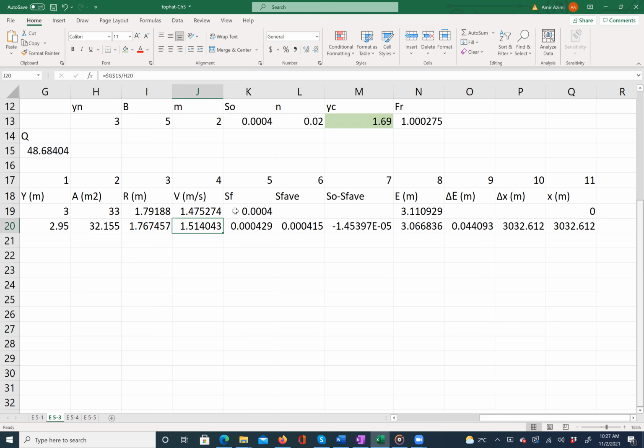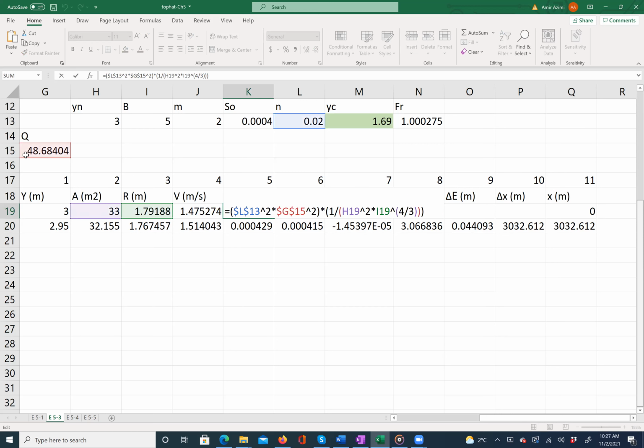Then we calculate friction slope, for which we rearrange Manning's equation. So it's going to be Q squared times n squared divided by area squared times hydraulic radius to the power of 4/3.